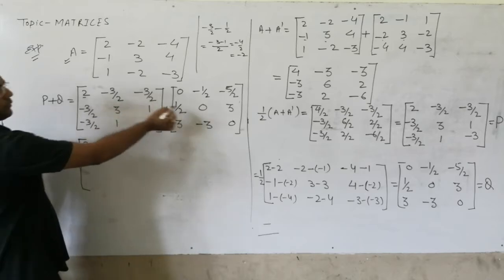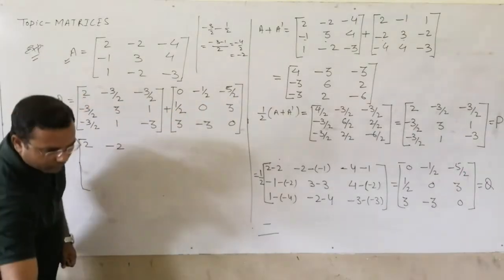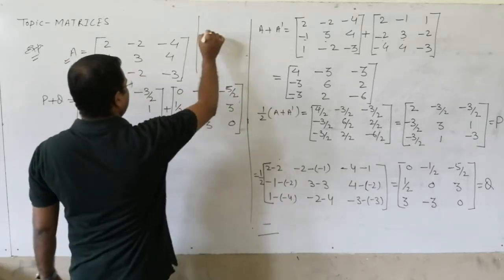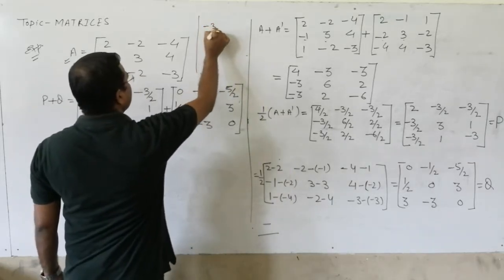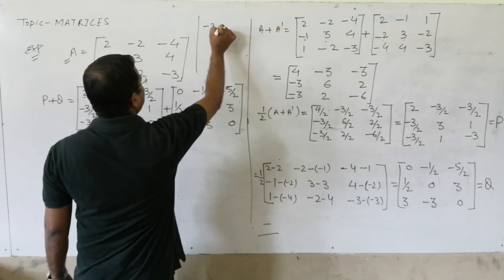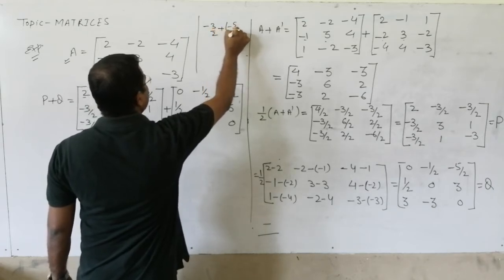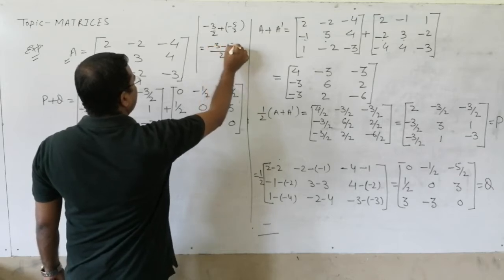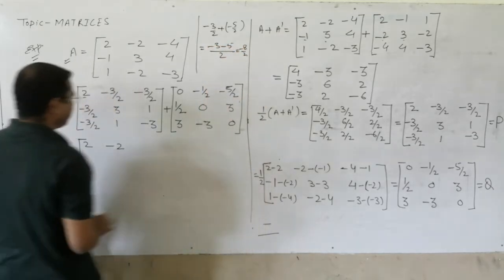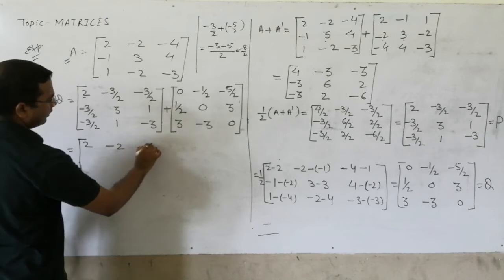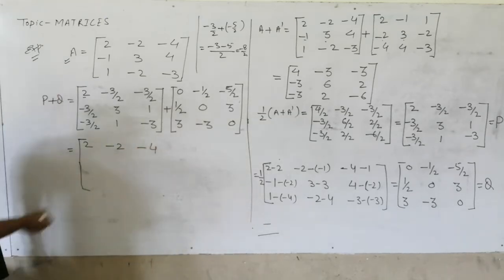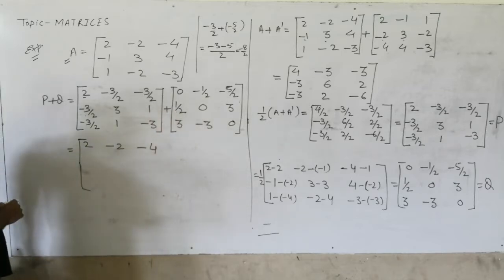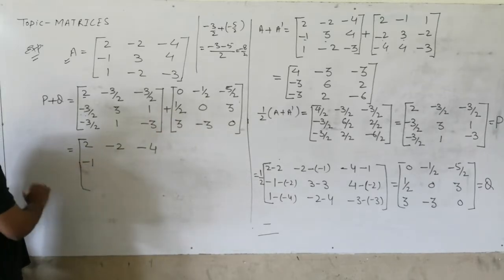Similarly, minus 3 by 2 and minus 5 by 2, you will add again. Minus 3 by 2 plus minus 5 by 2, it is also minus 3 minus 5, minus 8 upon 2, means we are getting here minus 4. Similarly, you will be getting minus 3 by 2 and 1 by 2, so obviously you will be getting here minus 1.